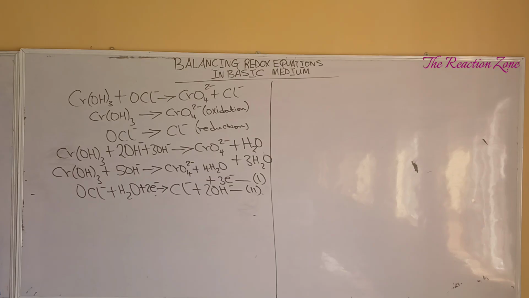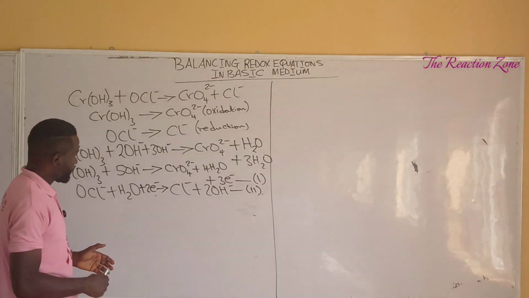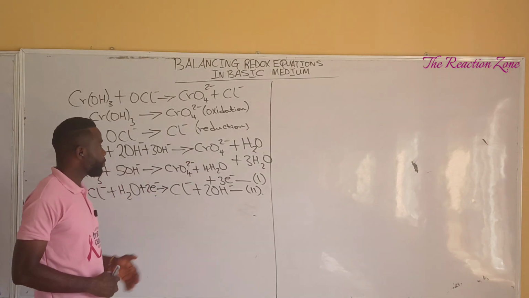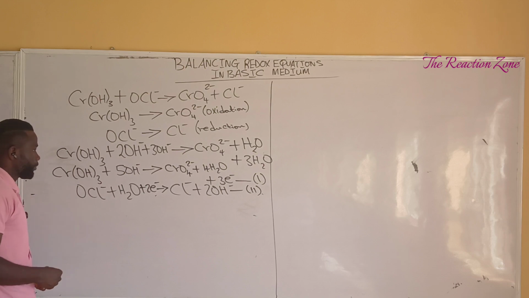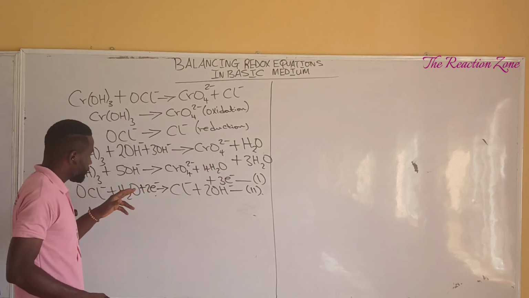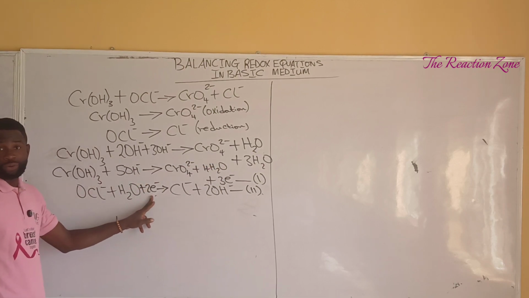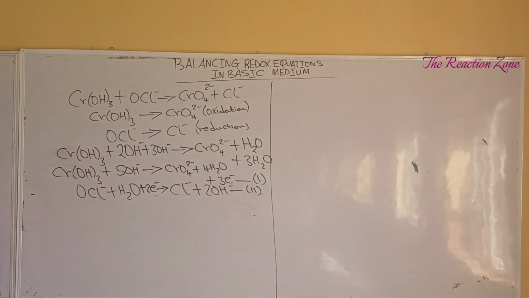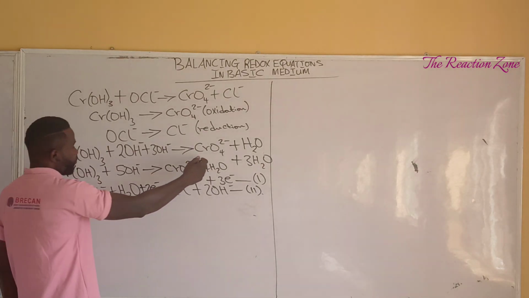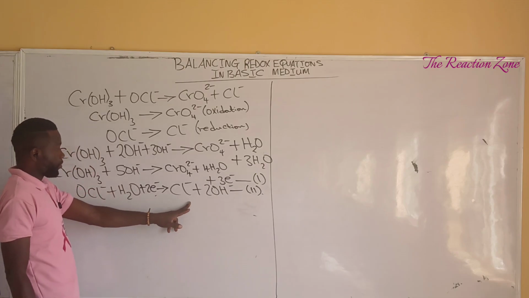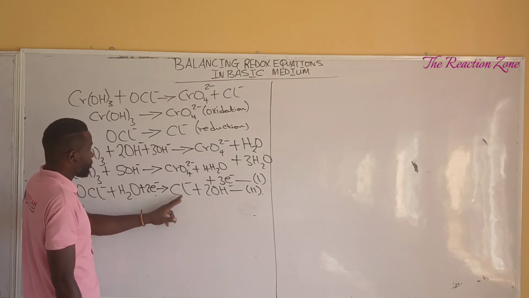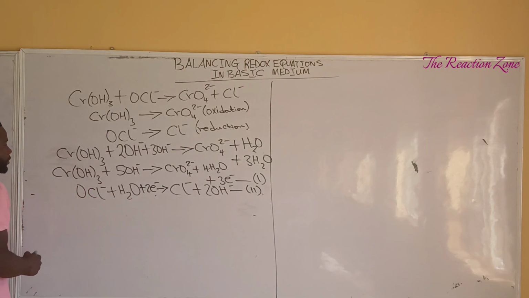The next thing to do is to ensure that the electrons in both equations are the same. There are 3 electrons in equation 1, but 2 electrons in equation 2. So, what do we do? Is to multiply equation 1 by 2 and multiply equation 2 by 3.